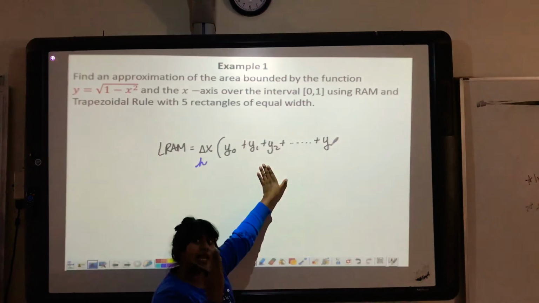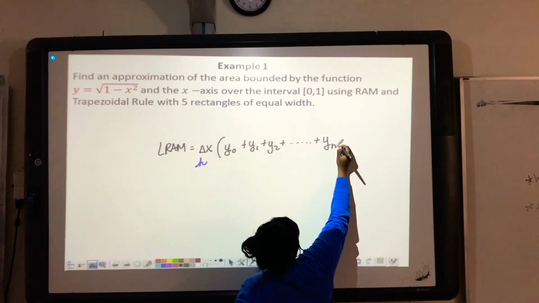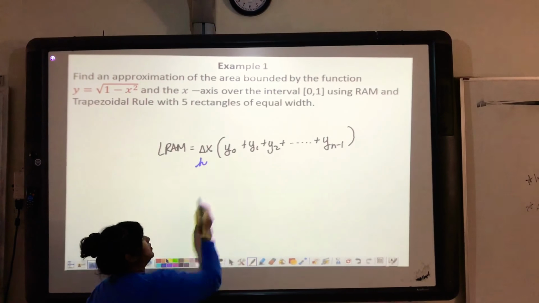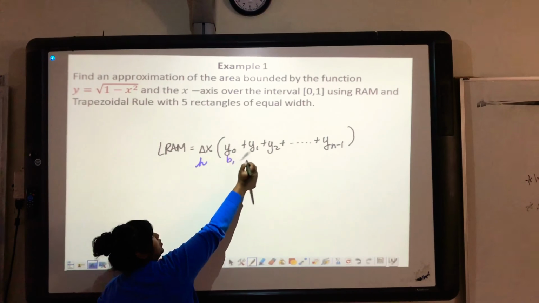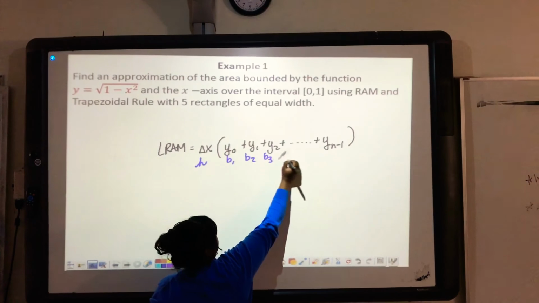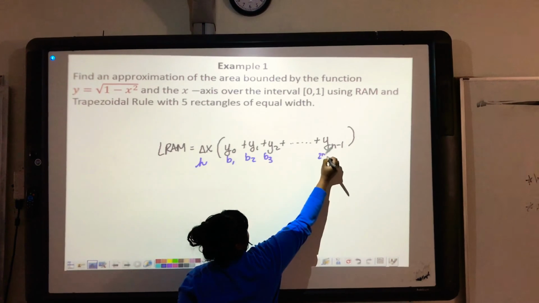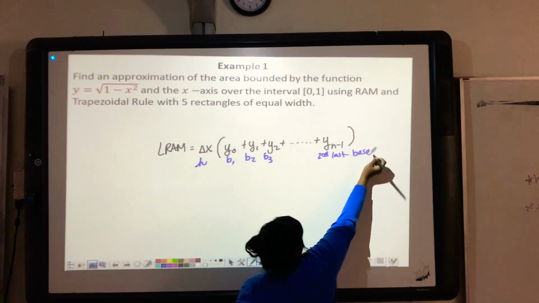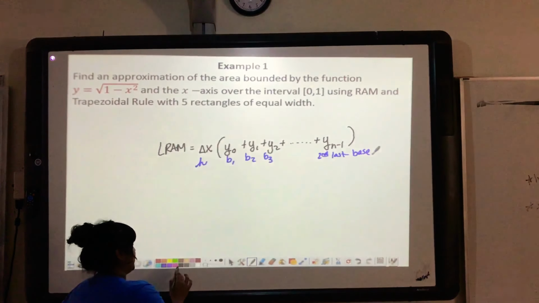We want the second to last value, so I'm going to say n minus 1. What all of these represent is base 1, base 2, base 3, all the way until the second to last base.